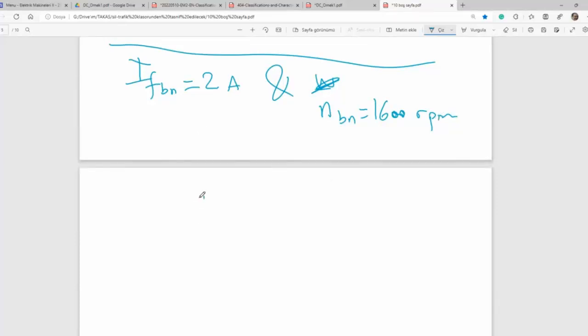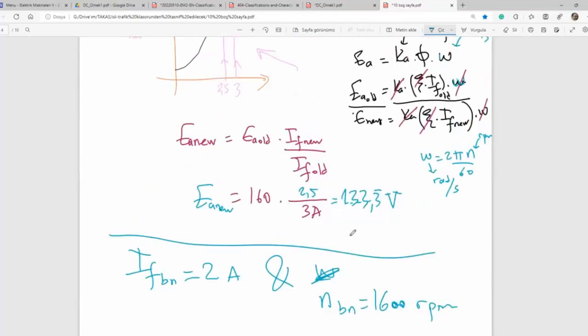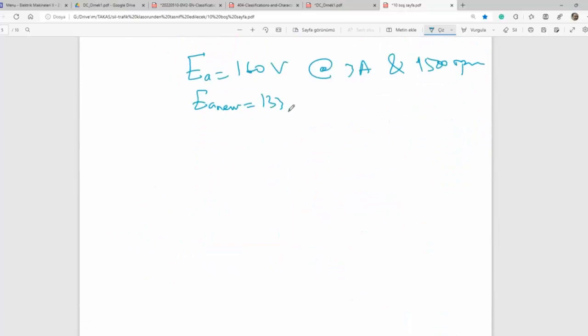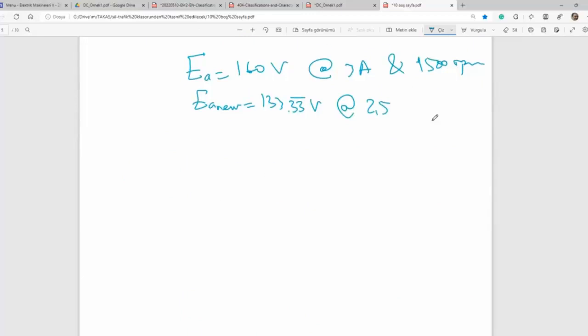Okay, we have two values. One is 160 volts under 3 amps and 1500 RPM speed. Again, we have a new value, which we have just calculated here: 133.3 volts under 2.5 amps excitation, and again 1500 RPM.